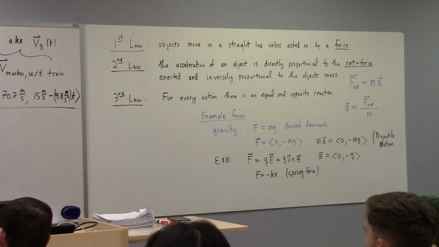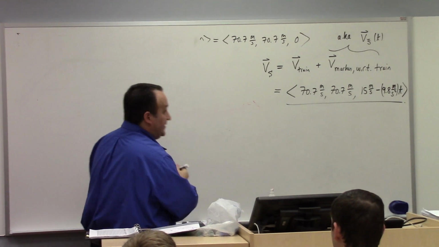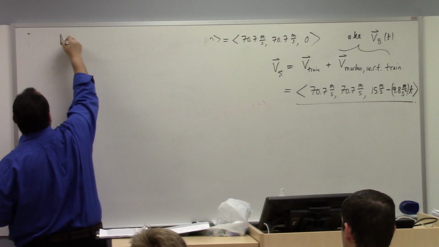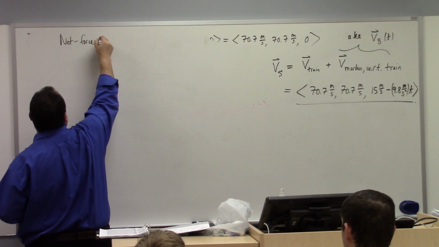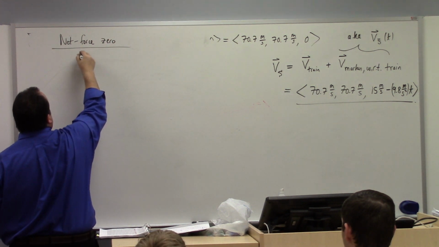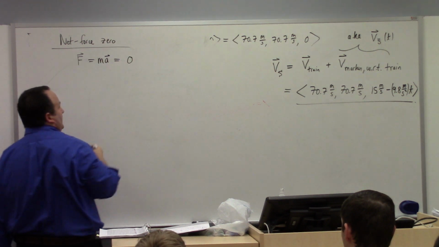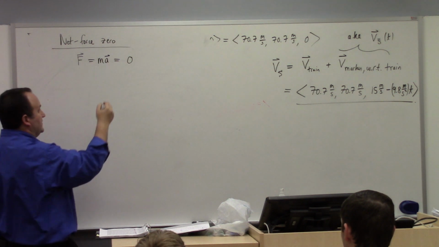You have F equals ma, the net force. Suppose your net force is 0, what happens? We have F equals ma, which is equal to 0. So we have the equation a equals 0. What's the solution? Can you solve it?